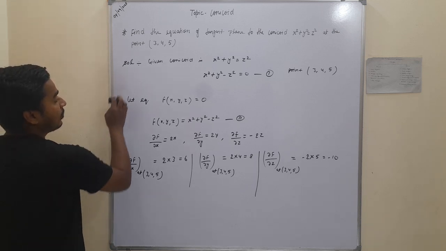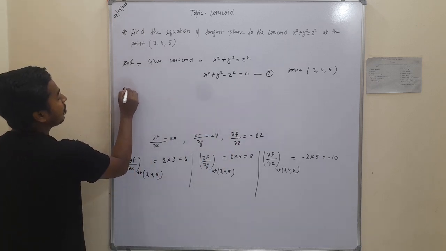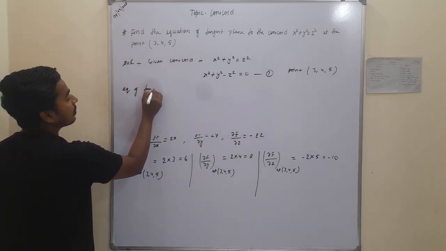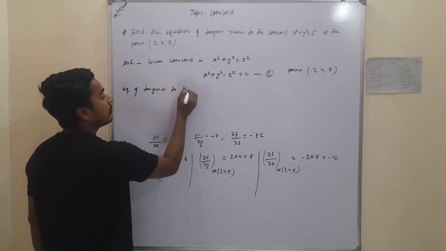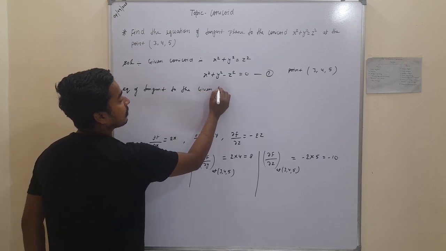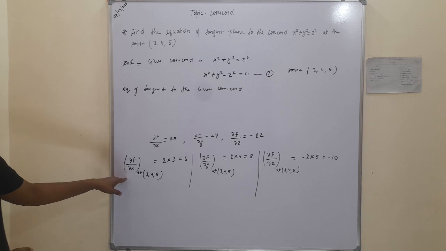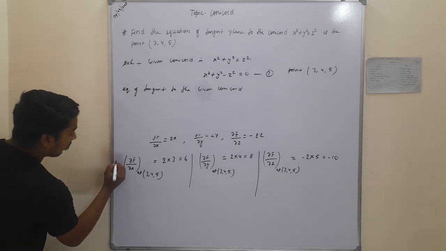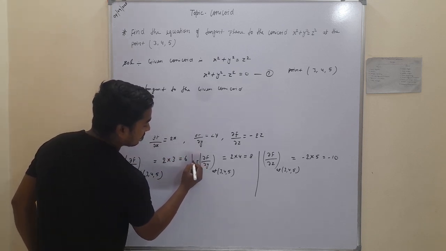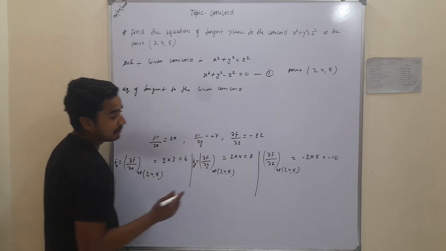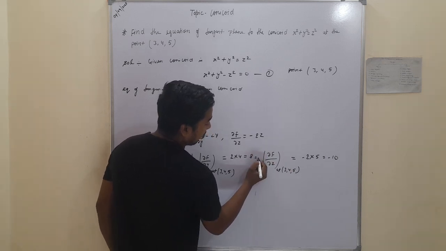The equation of the tangent to the given conicoid: we write del f upon del x as f of x, del f upon del y as f of y, and similarly del f upon del z as f of z.